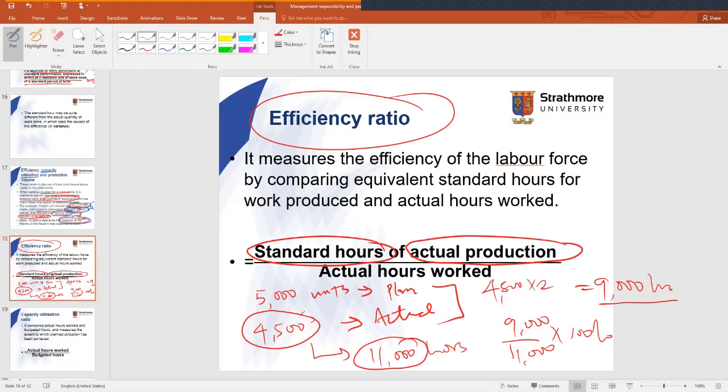This is the standard hours on the actual quantity, divided by the actual hours taken, and of course you express this as a percent.